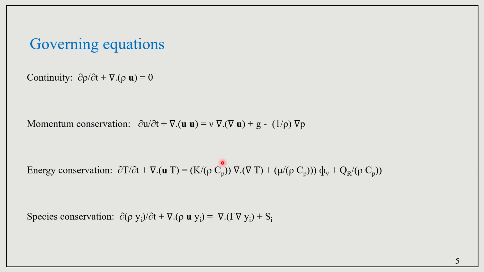What these new terms mean with respect to reaction, we'll see in the next slide. So in general we have the continuity equation, momentum conservation equation, energy conservation equation, and species conservation equation. The species conservation equation comes into the picture when we are dealing with reactions, whereby reactants get used and new products get formed.